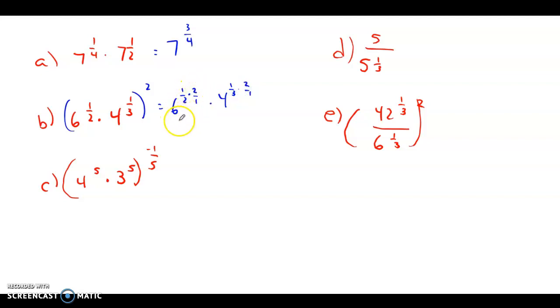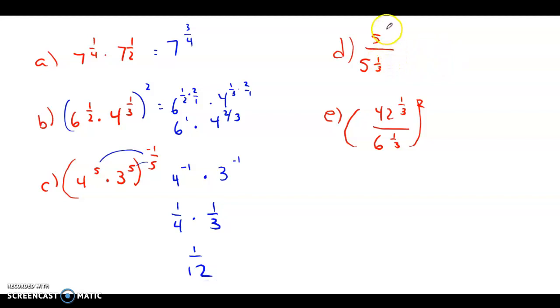So this simplifies to 6 to the 1st times 4 to the 2/3. And you can't simplify that any further. Here, this is going to simplify to 4 to the -1st power times 3 to the -1st power. So you're going to have 1/4 times 1/3, because -1st means reciprocal, and this will give you 1/12.